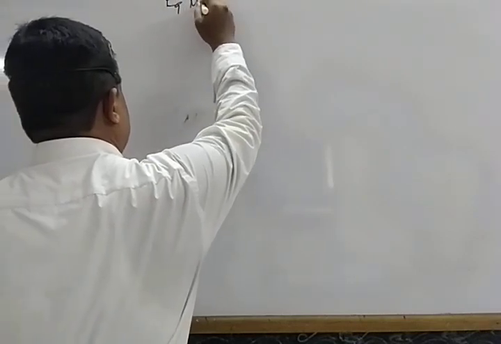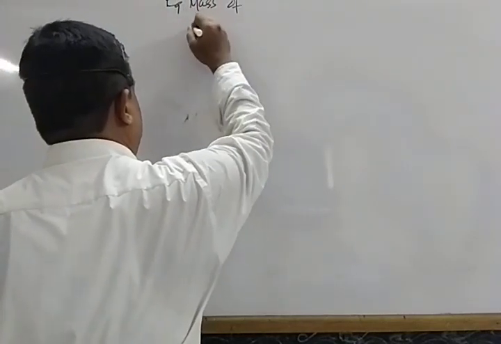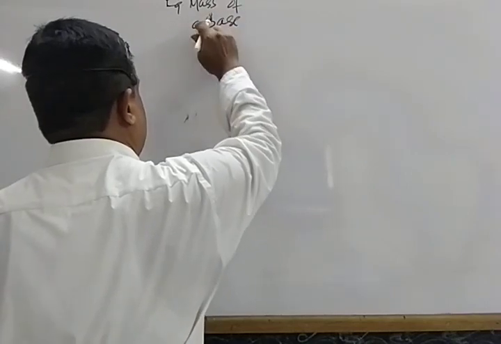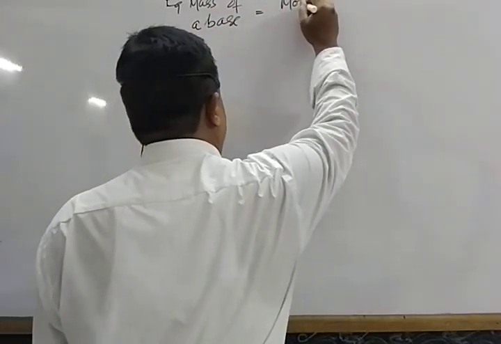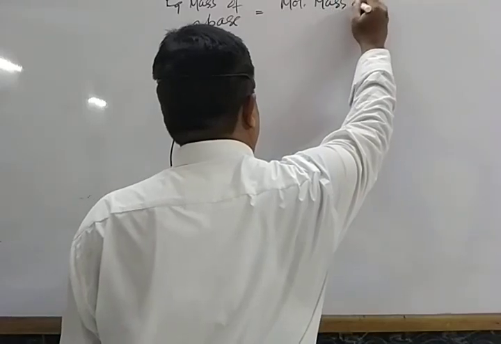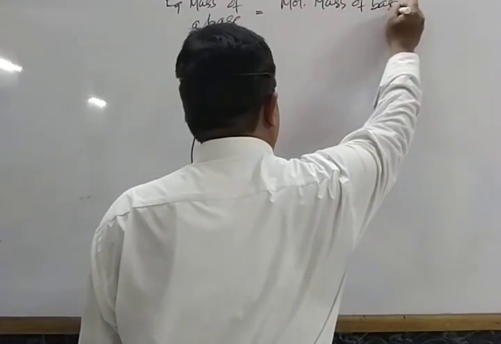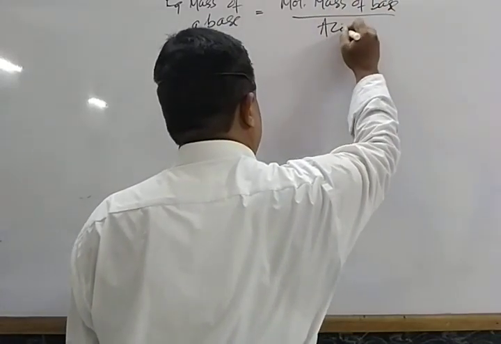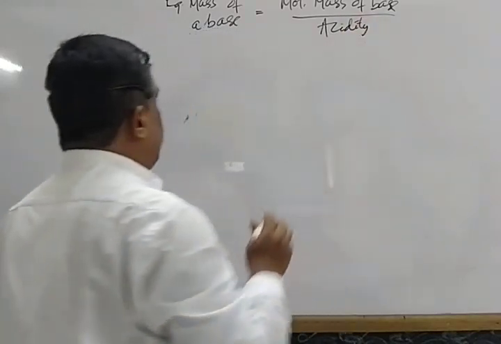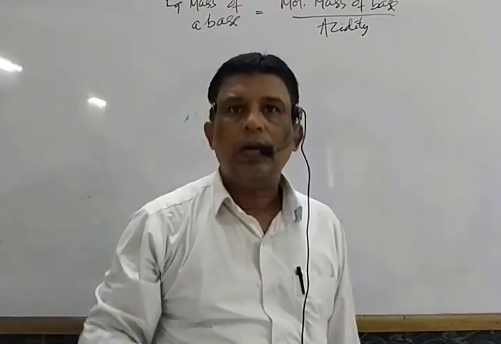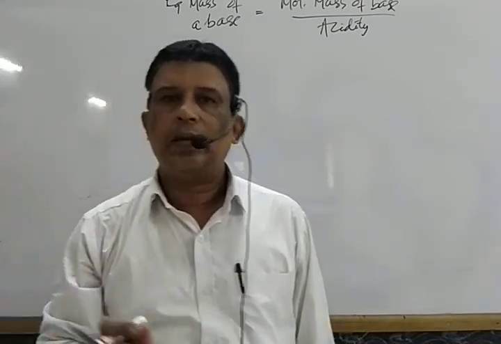Equivalent mass of a base is equal to molecular mass of a base divided by acidity.